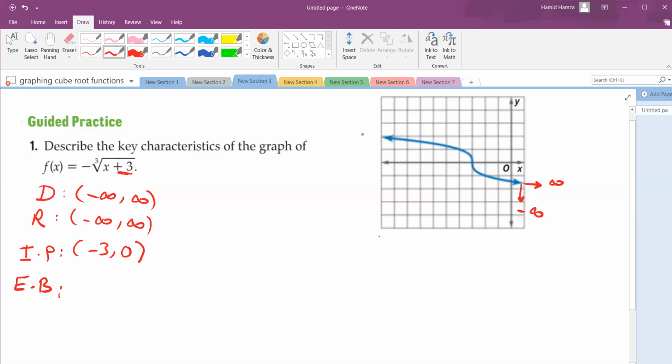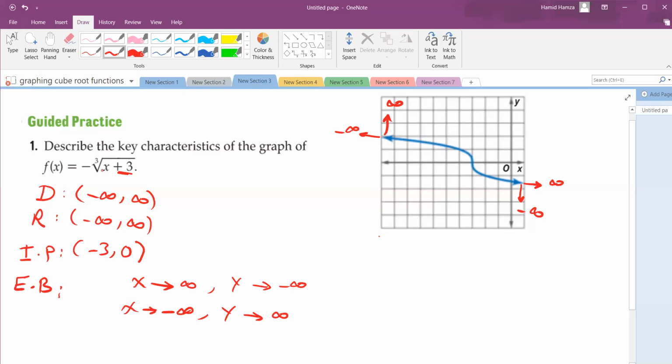As x approaches negative infinity, y approaches infinity.